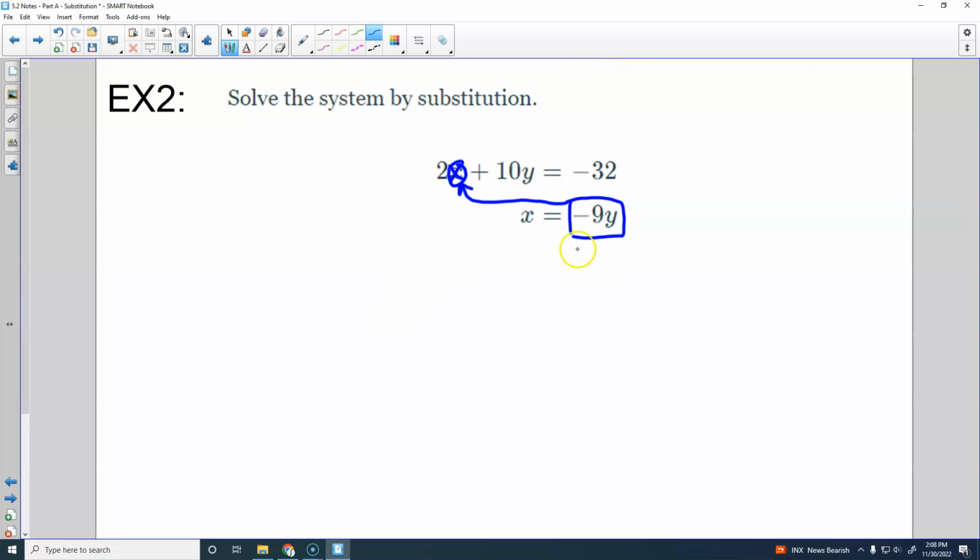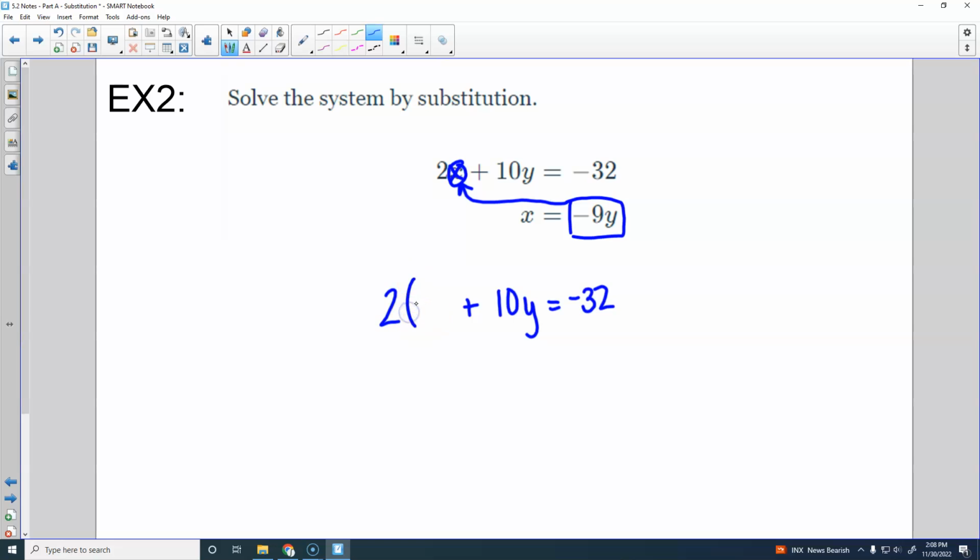So what I'm doing here is I'm going to write the x for right now, 2x plus 10y equals negative 32. I am taking the x out completely, only the x, not the 2 that goes in front of it, just the x. And I am replacing it with what x is equal to, which is this negative 9y.